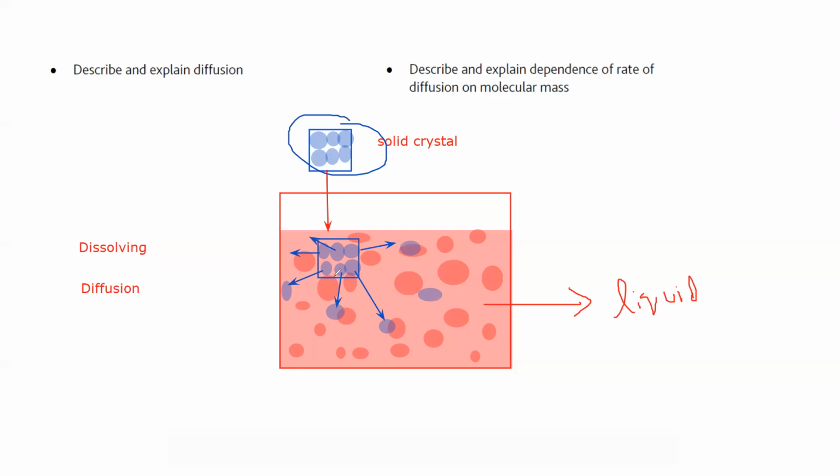And when dissolving occurs, the particles which were originally in the solid move from a region of higher concentration to a region of lower concentration. We call that diffusion. So two processes occur: first dissolving, and second diffusion, when you add a solid crystal to a liquid. Is it clear?